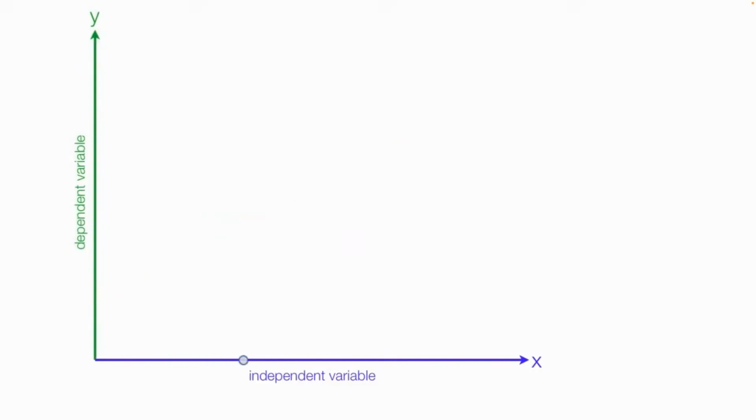What we try to understand is as the independent variable is moving or changing, what happens to the dependent variable? Does it go up or does it go down? How does it change? If they move in the same direction, if the independent variable increases and the dependent variable increases as well, like this, we say there's a positive relationship.